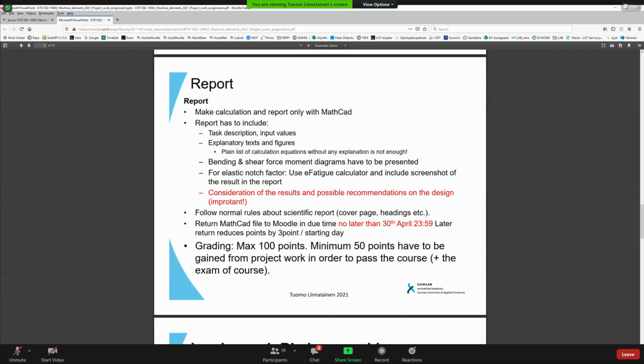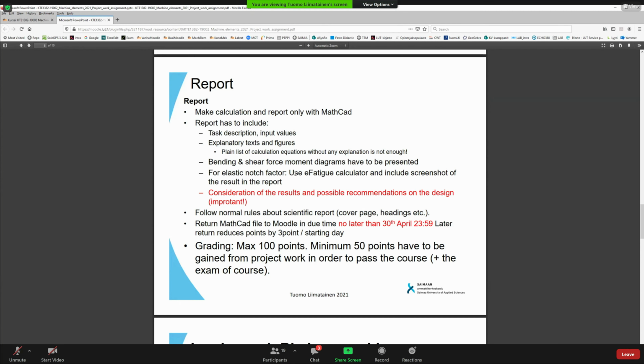When you do it in MATCAD, you can just simply change the input values and see what the result is. So it's far easier. I don't say that you are not allowed to do it by hand also. If you really insist, you can, but just prepare to be doing quite a lot of work. So I will strongly advise you to use MATCAD.